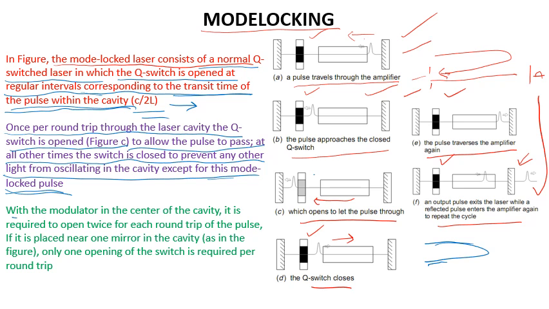Here, with the modulator in the center of the cavity, it is required to open twice for each round trip of the pulse.